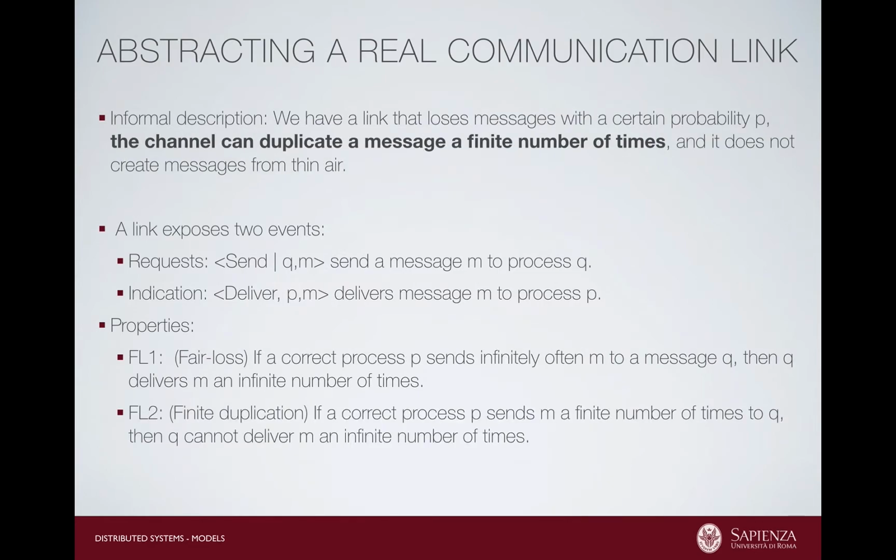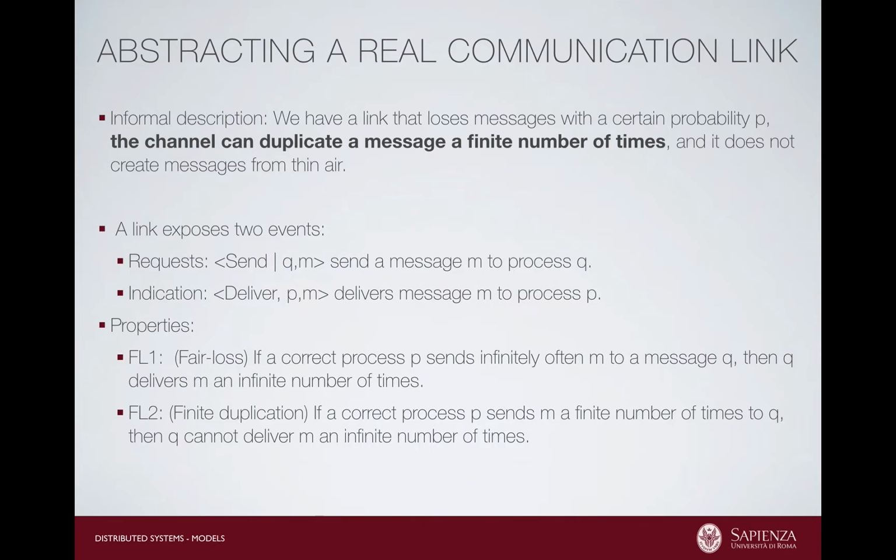Then the second sentence is that the channel can duplicate a message a finite number of times. We formalize this property with the finite duplication property that we call with the acronym FL2. And this property is formally stated in this way. If a correct process p sends a message m a finite number of times to process q, then q cannot deliver m an infinite number of times.